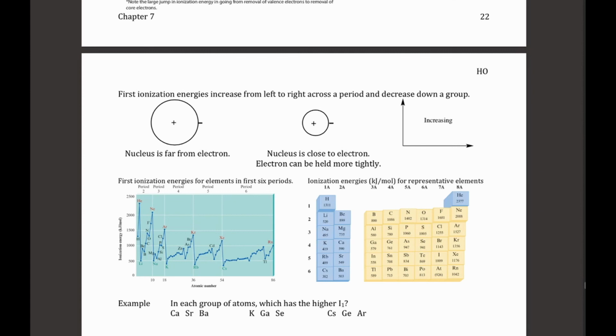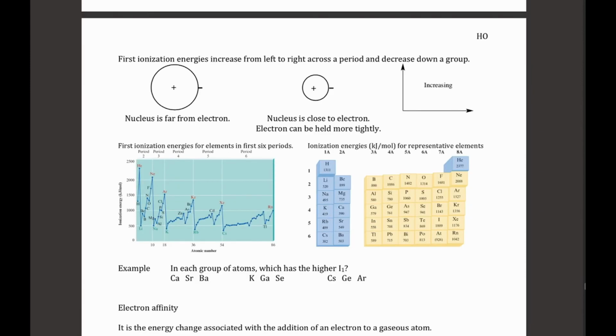So the elements down at the bottom left of the periodic table have the low ionization energies, top right have high ones. And we see it shown as a graph by periods, and we also see numerical values shown on a periodic table.